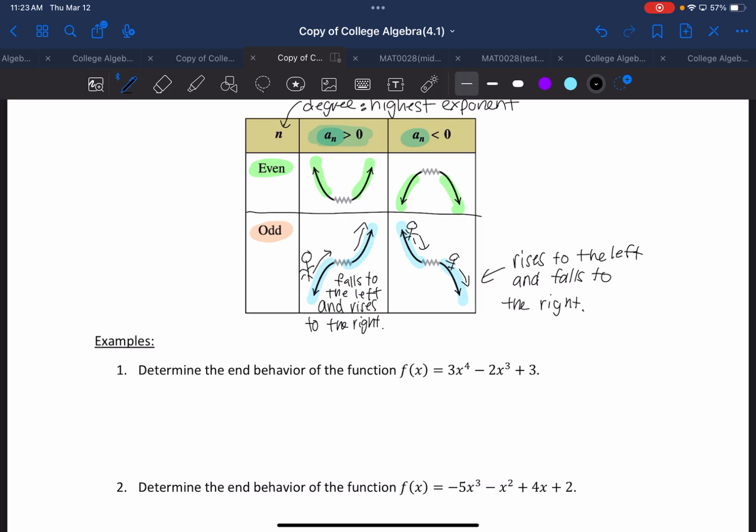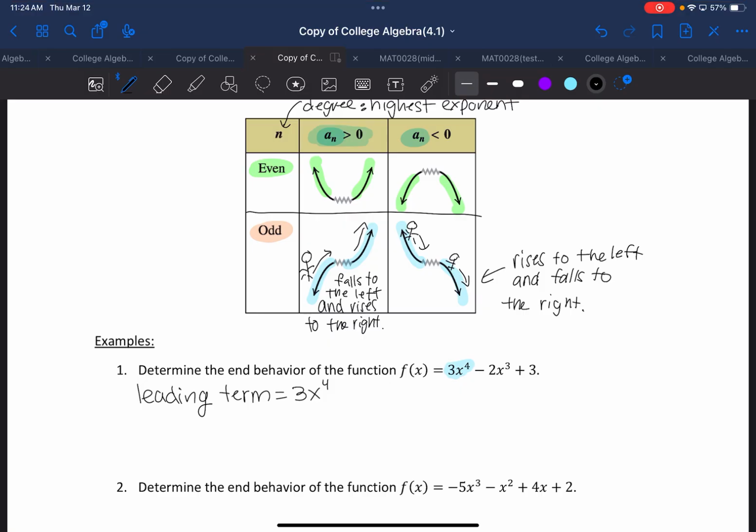So number 1 says, determine the end behavior of the function f of x equals 3x to the 4th power minus 2x cubed plus 3. Here, the leading term is 3x to the 4th. That's my leading term, so that's all I'm looking at to answer this question.